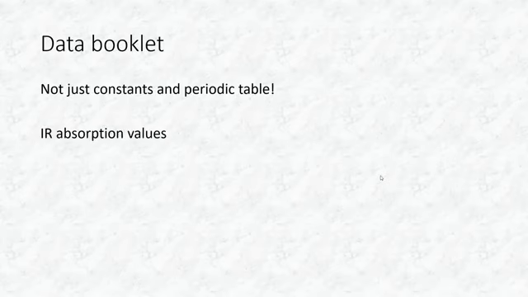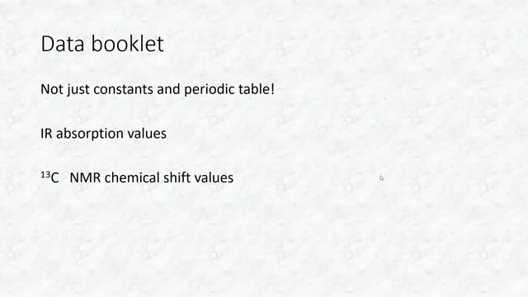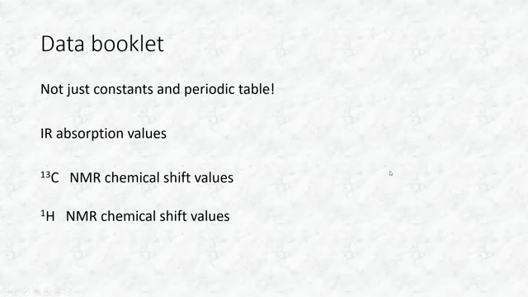Those are there. They are useful, but there's more to it than that. So we often have infrared absorption values. We'll have the carbon-13 NMR chemical shift values. We'll have the proton NMR chemical shift values tabulated. The ones that we'll need to answer the questions anyway. And of course, we have the periodic table, which we'll need for working out relative molecular mass.